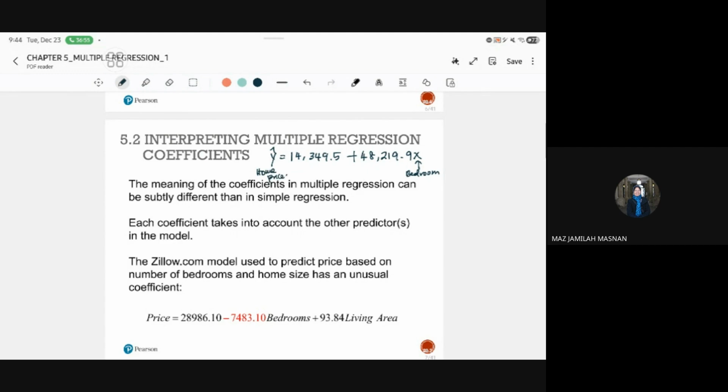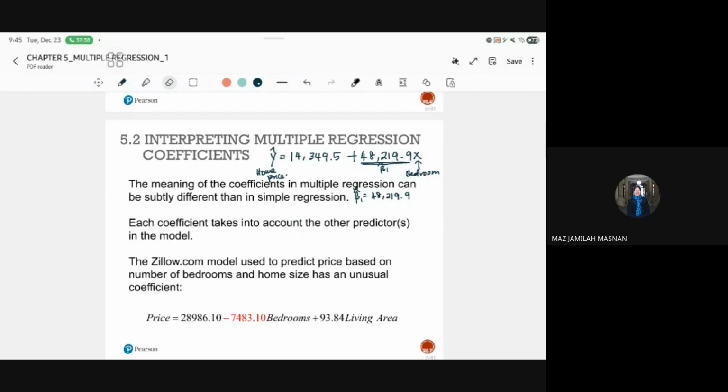When you interpret the coefficient, I think last time I forgot to discuss this. Interpreting the coefficient, this is your beta 1 hat. In this case, your beta 1 hat is equal to 48,219.9. So how do we interpret it?